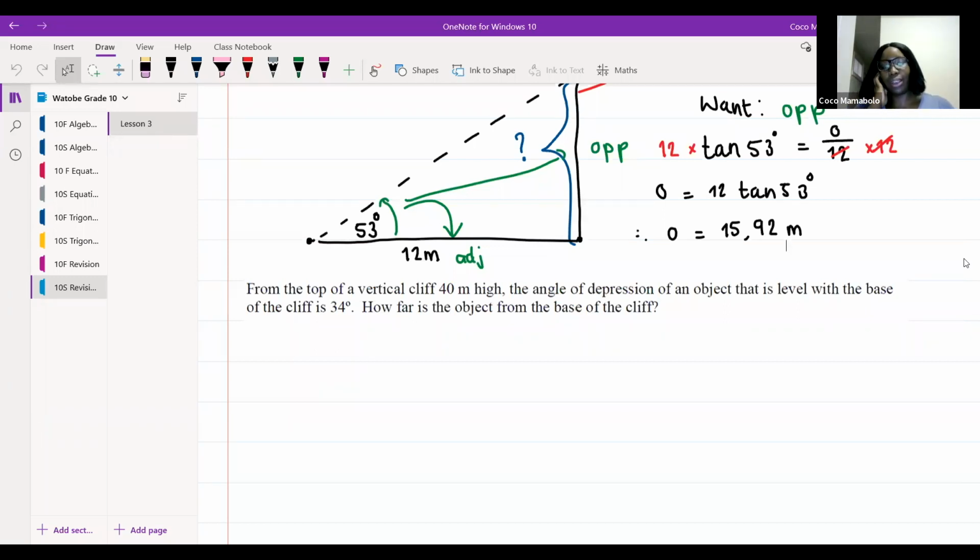All right, and think about what they're saying here, guys. They're talking about an angle of depression.